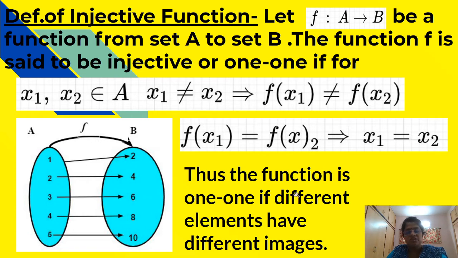Thus, the function is 1-1 if different elements have different images. You can see this is the function f, which is injective, and means it is a 1-1 function because different elements have different images.